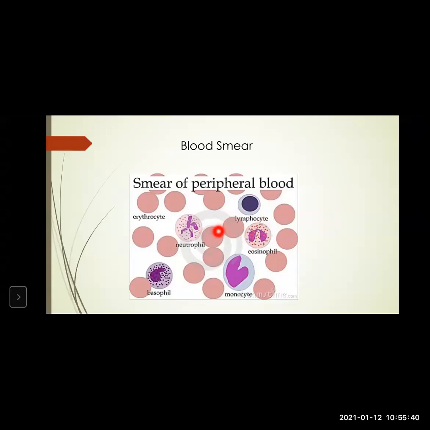Because of the composition of so many cells, it is also a complex tissue. So blood is just an example of a complex tissue, but all these connective tissues are actually complex tissues.